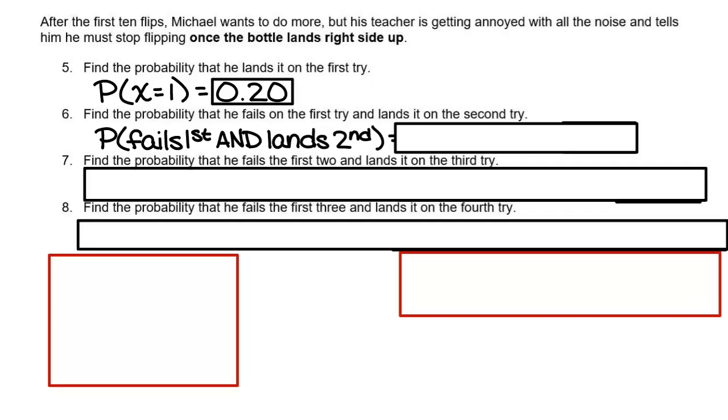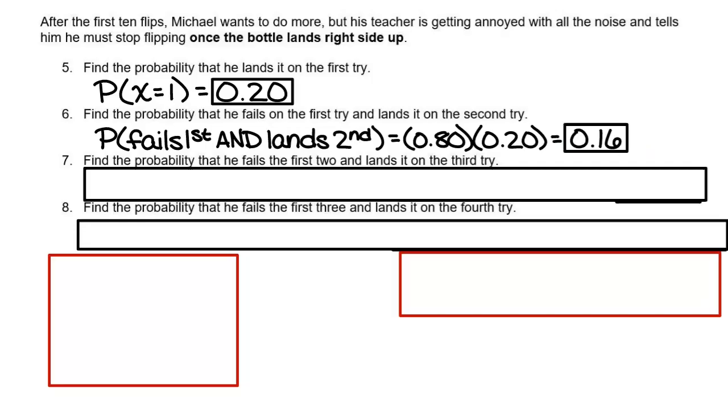So what's the probability that he fails the first one? 0.80. What's the probability that he lands the second one? 0.20. So I'm going to take 0.80 times 0.20. We've got our first flip and our second flip. What is 0.80 times 0.20? 0.16.